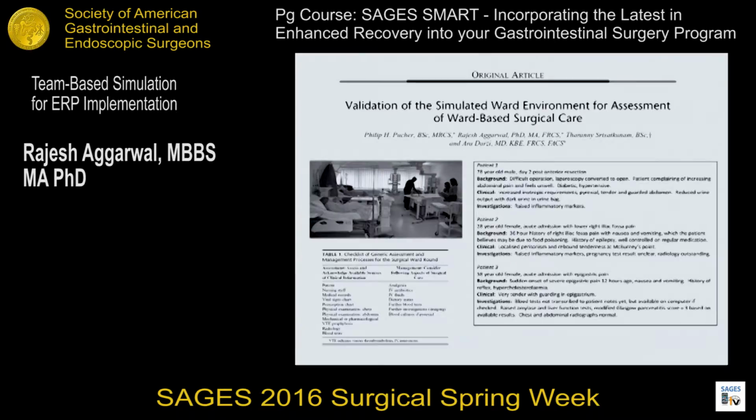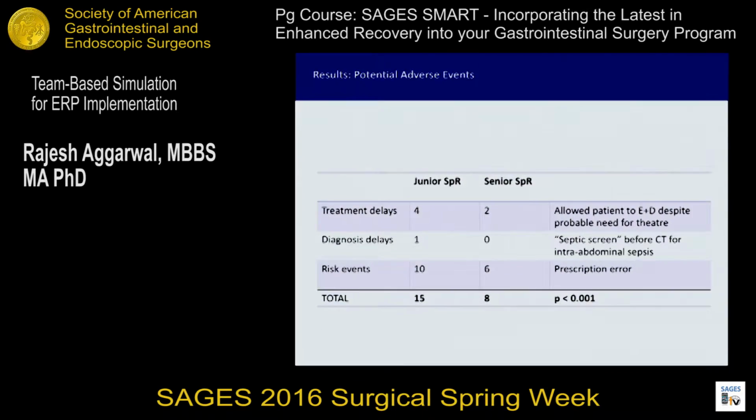And in terms of resident education, we validated this. We showed that there was a real difference between junior and senior residents, even in terms of potential adverse events that could occur, such as prescription errors or really simple adverse events like allowing a patient to eat and drink despite them probably needing to go to the operating room because they have peritonitis.